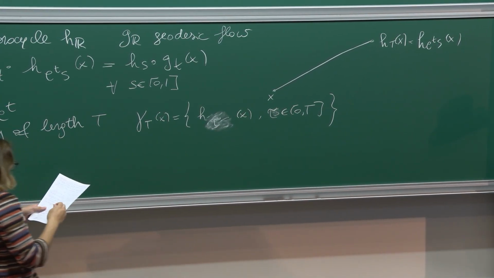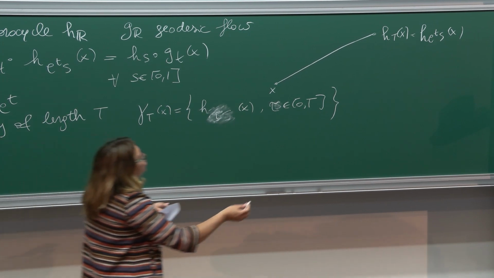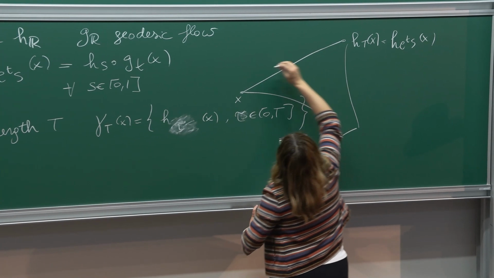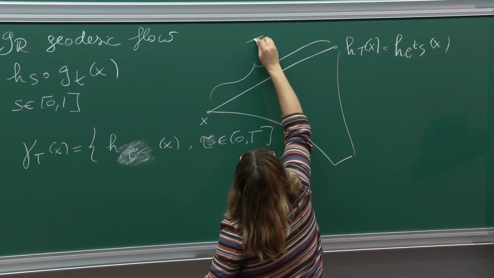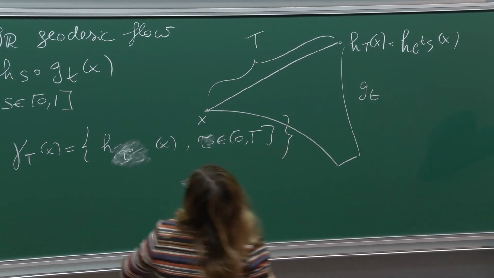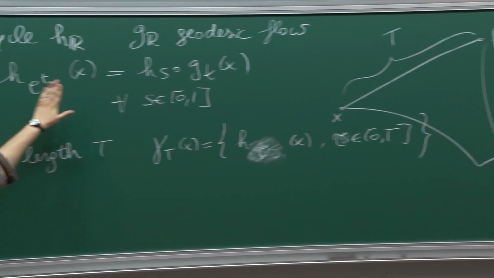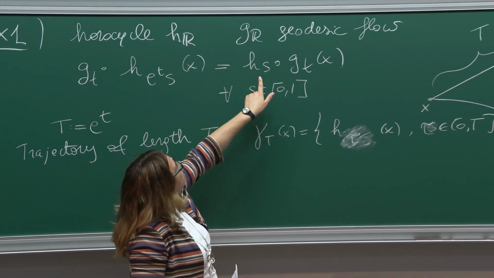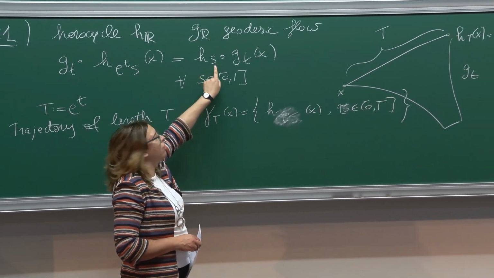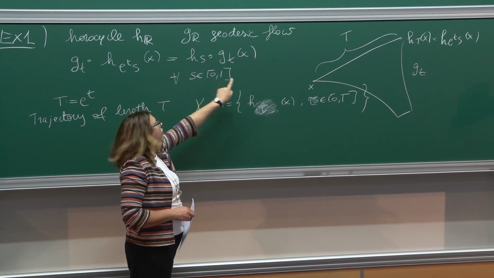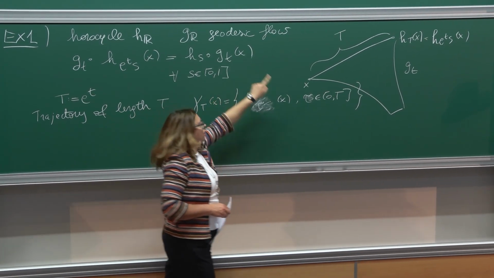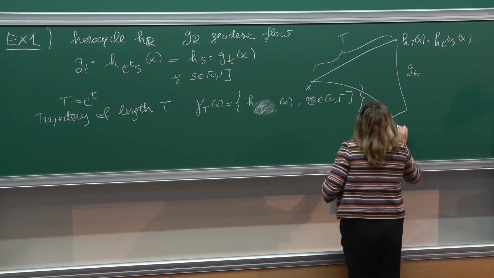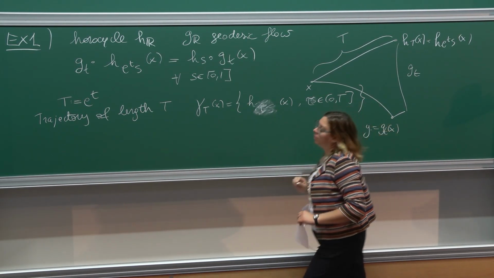So this one, if I apply the geodesic flow to this trajectory of length T, by this relation, I am going to get a trajectory of length 1 of the point g_t of x. So x moves to g_t of x. And I'll call this point y.